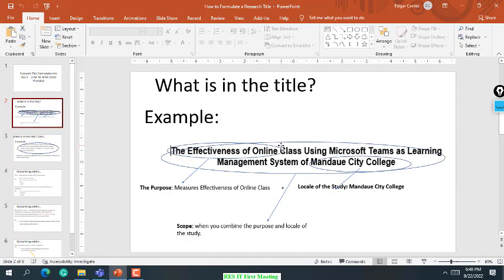And the scope is when you combine the purpose and the locale of the study. So basically, if we combine those, it comes to a statement: the effectiveness of online class using Microsoft Teams as learning management system of Mandawi City College. So this is how we're going to create a title. It has a purpose and it has a locale of the study.